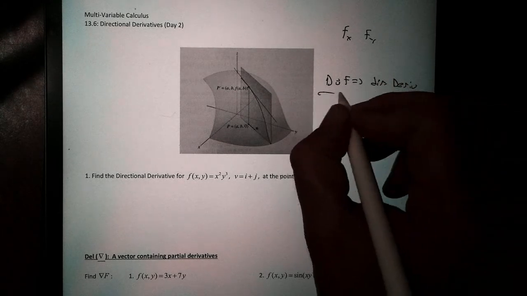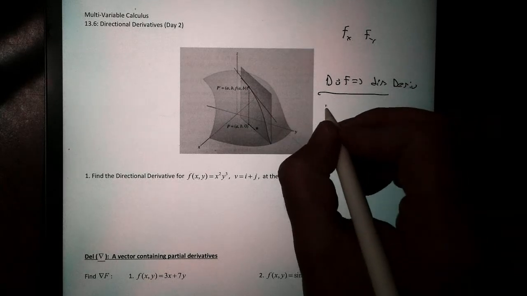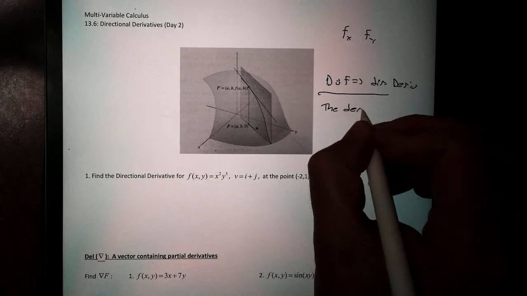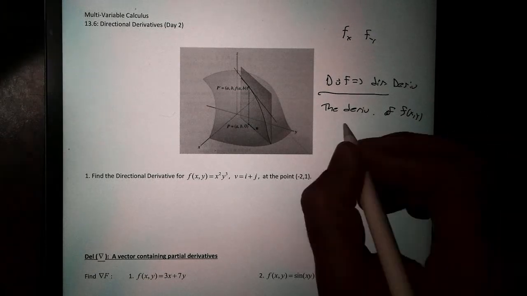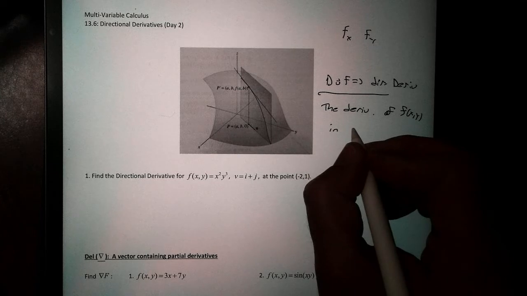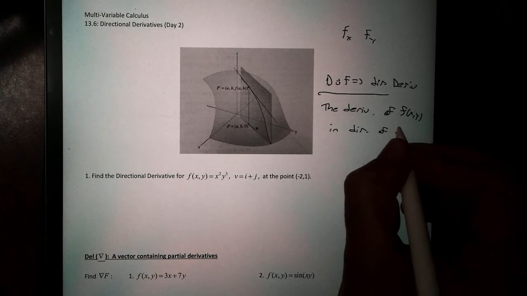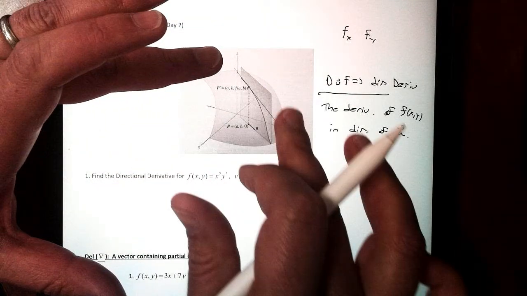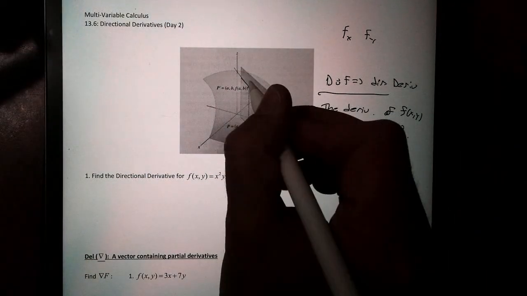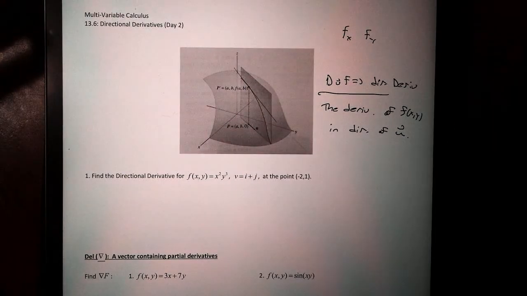What that meant for us is it gave us the derivative, or the slope, of the function f, which is a function of x and y, or z, multiple variables, in the direction of u. Now, if you look at the graph over here, imagine we have this curvy surface, and we're at this point right over here.